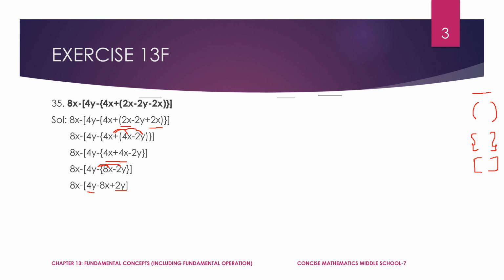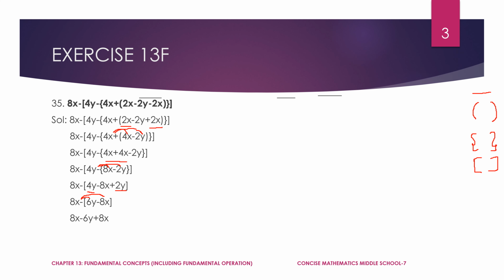Yes. See, both are like terms. 4y plus 2y is a like term, so just put a plus sign and add it. It becomes 6y minus 8x, right? So this minus should be multiplied inside now with both the terms. Minus should be multiplied with 6y, minus should be multiplied with 8x. It becomes 8x, plus into minus, minus 6y, minus into minus, plus 8x.